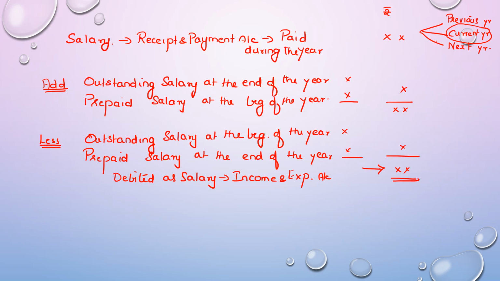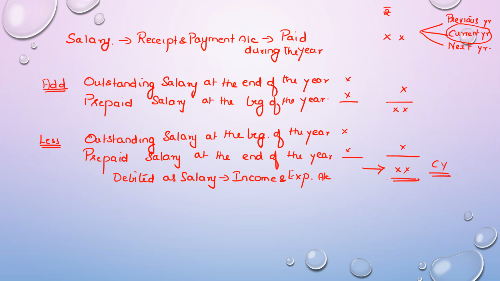So we are not supposed to take it. So we subtract that amount. So when we subtract this amount, ultimately we would be arriving at the current year expense related to the salary. And this is the amount which would be debited to the income and expenditure account as salary expense. I hope it is clear.